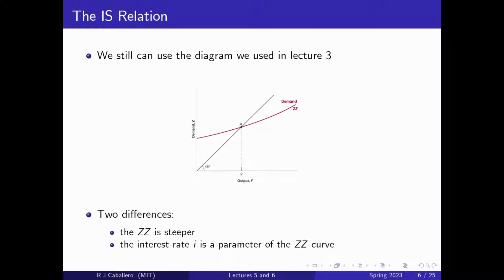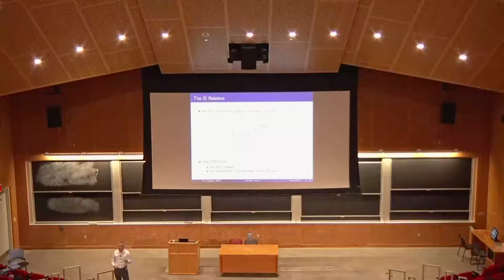I have two candidates here, down or up? Down. Yeah, because investment drops. So you can tell me even more by how much, if I tell you how much a change in the interest rate is, and I tell you what is the sensitivity of investment to the interest rate, you know exactly by how much this thing will come down.